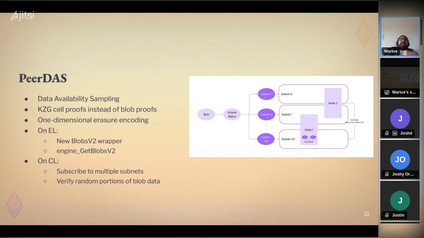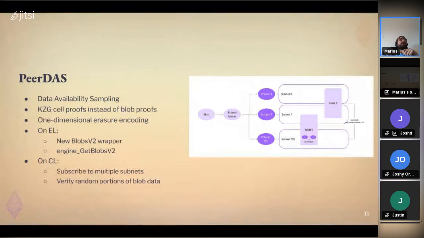But it's not really needed that everyone downloads everything. What we can do is something called data availability sampling, where everyone who's an honest actor in the network downloads some parts that they randomly choose.